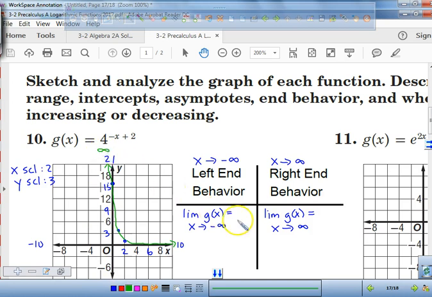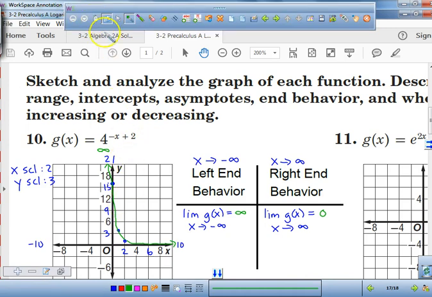They're going to positive infinity. So as the x values are going to the left, the y values are getting bigger and bigger and bigger, going towards infinity. As the x values are increasing, what are the y values getting closer and closer and closer to? So the limit of g of x equals 0 as x approaches infinity. So that's what the right-hand behavior and the left-hand behavior is.